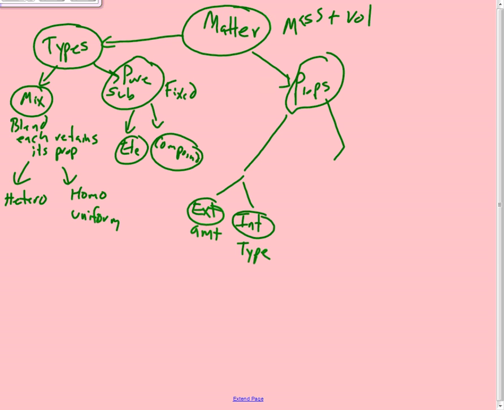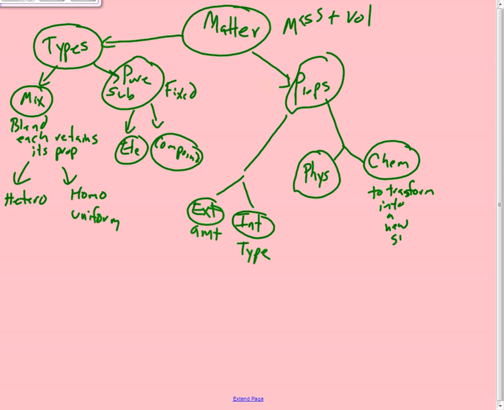And then we also said we can have physical properties and chemical properties. And chemical properties relate to the ability of the substance to transform into a new substance. And physical properties are properties we can observe without a transformation.